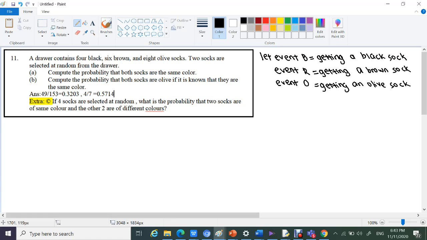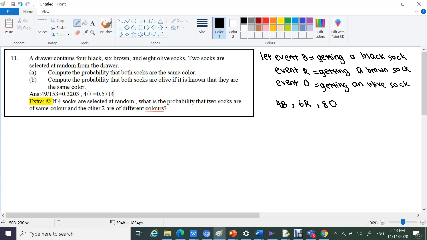Right now, we are going to find the probability that both socks are of the same color. What does this mean? Right now we have 4 black, 6 brown, 8 olive. This is what we have.